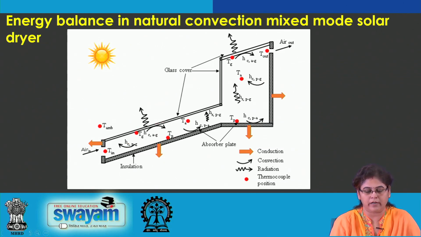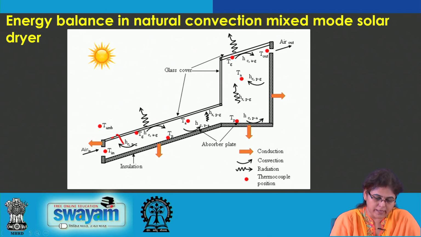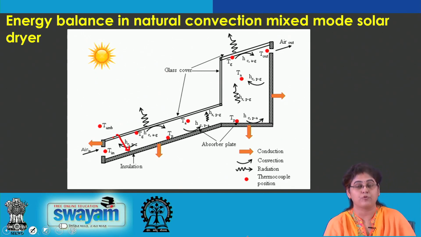At the top of the collector we have a glass cover, and solar radiation falls directly on it. A part of it is absorbed by the glass cover, whereas some is reflected back to the atmosphere, and the rest is transmitted through the glass cover and falls on the absorber plate.